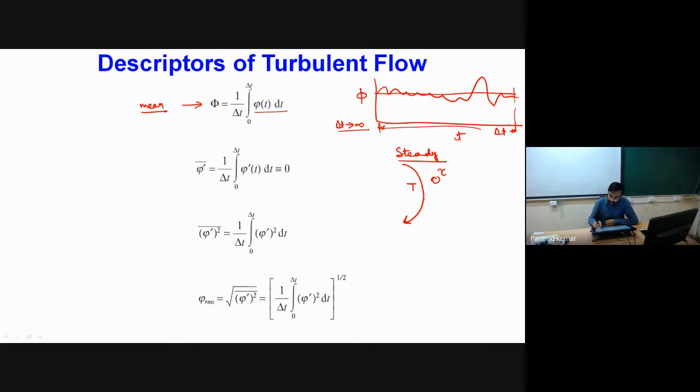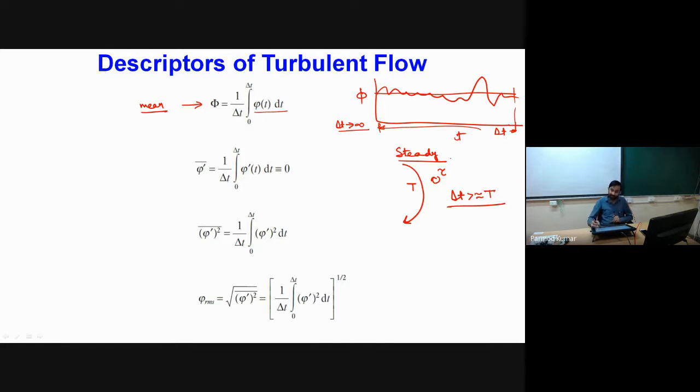So we find the time scale of the largest eddy present in our flow structure, and we consider delta t greater than or nearly equal to the order of that largest time scale. This corresponds to the slowest eddy present in our situation, and it is applicable for steady flow considerations.